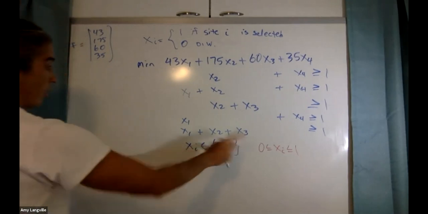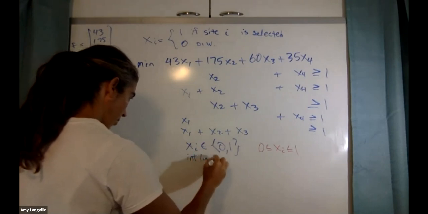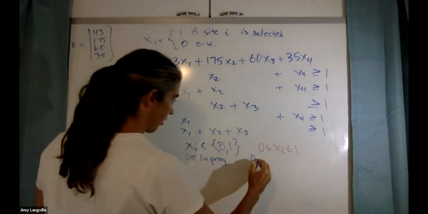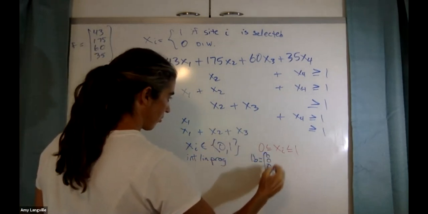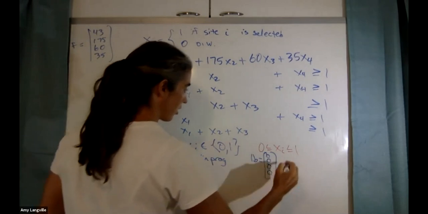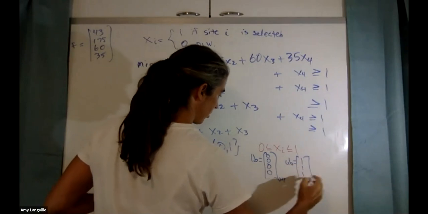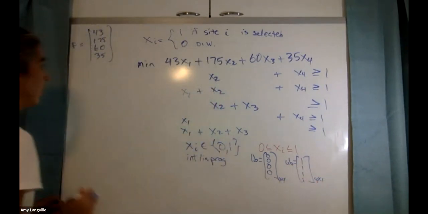We're eventually going to use intlinprog in MATLAB, but we may need these lower bounds and upper bounds. There are 4 variables, so that should be 4 by 1. Upper bound 1, 1, 1, 1. We'll see what the syntax is for intlinprog. I don't remember off the top of my head, so we may or may not need upper bounds and lower bounds.